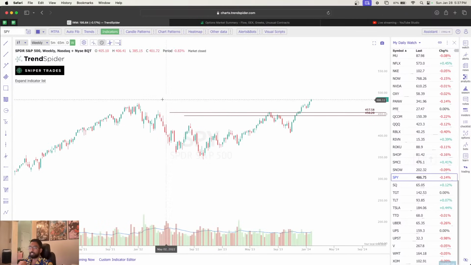For example, this is the weekly chart on SPY. What you want to look for when drawing a trend line is points of significant reversals or bounces. What do you see in this chart, where do you see significant reversals and bounces?